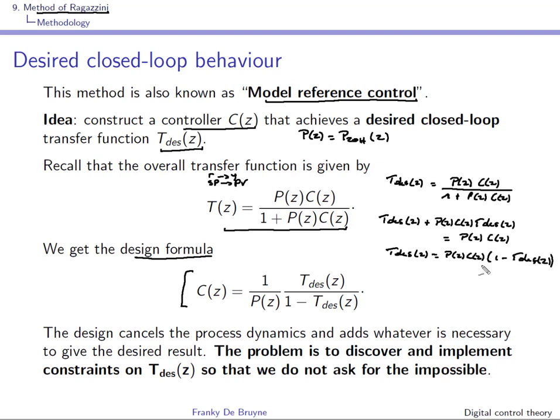What we're looking for is C, so we can divide by 1 minus T desired and by P, and this is how we obtain this formula.